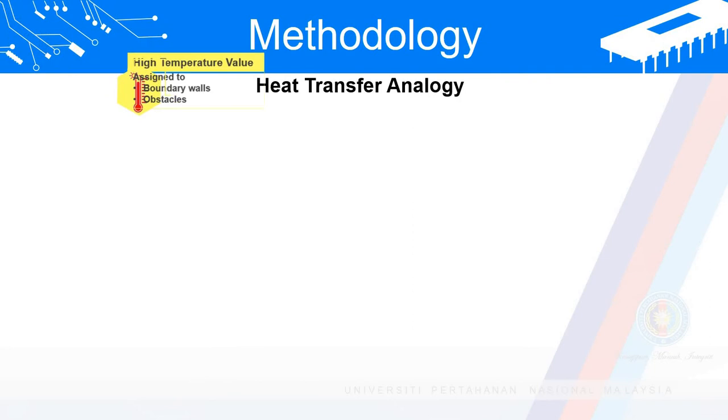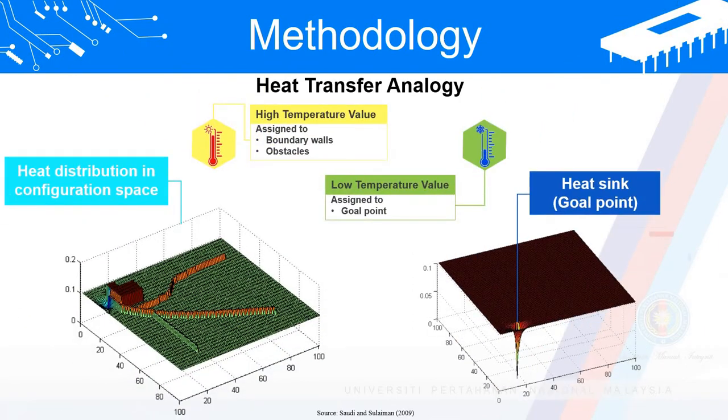How is the path constructed using the heat transfer analogy? Let me show you with some figures. By using a 2D robot simulator, we firstly assign the high temperature value to boundary walls and obstacles as heat sources, while the goal point is the heat sink pulling the heat, assigned as the lowest temperature.